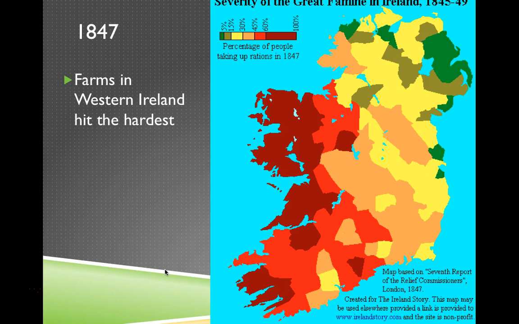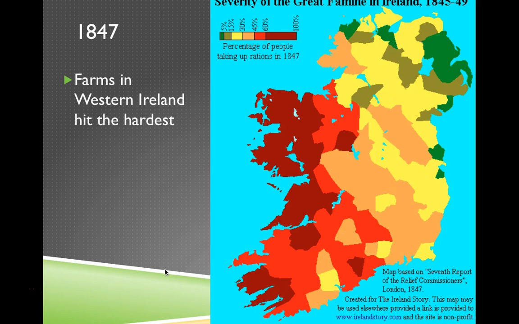They were taking up rations, it says on the map, which means they were looking for outside sources of food to keep them going. You can see there are some parts in Western Ireland where almost 100% of those areas needed some kind of relief or assistance to provide support to keep those folks alive.